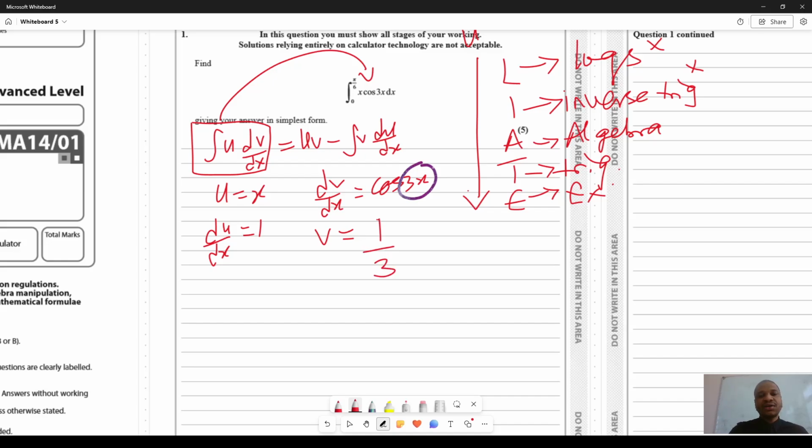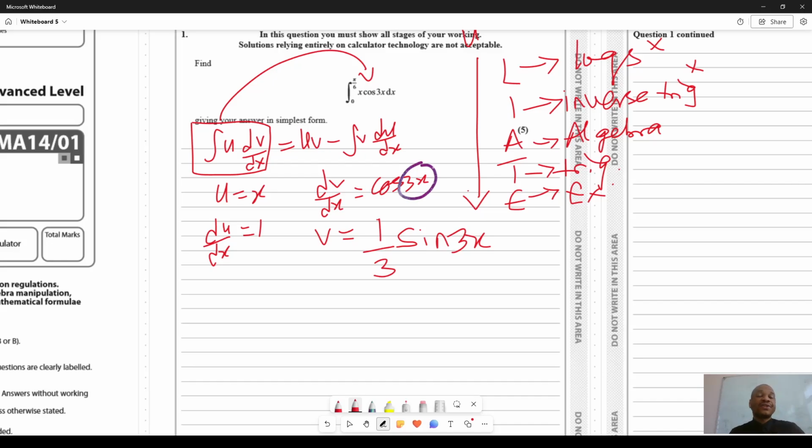Then if I integrate cos x, I get sine x. Now always check. Remember, always check. If I differentiate sine 3x, I get cos 3x.